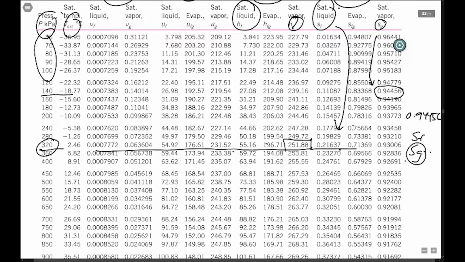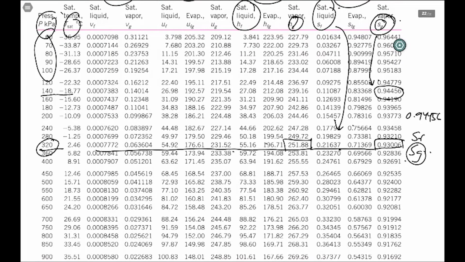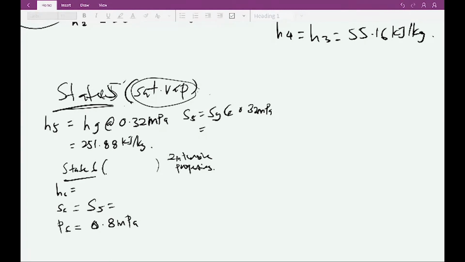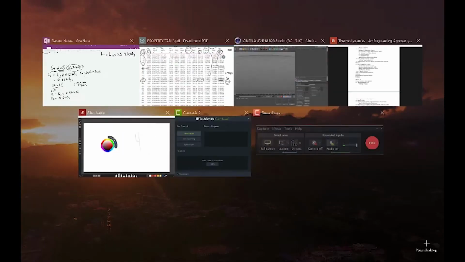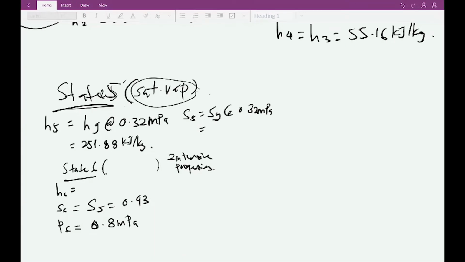In the same row, we look at your Sg value here, because this is saturated vapor, and take this value and write it in our sheet here: 0.93006 kilojoule per kilogram Kelvin.